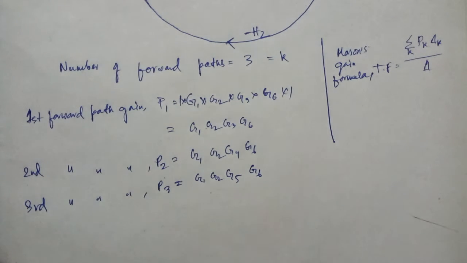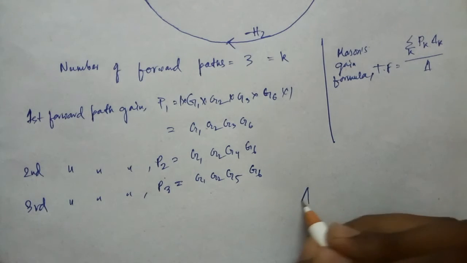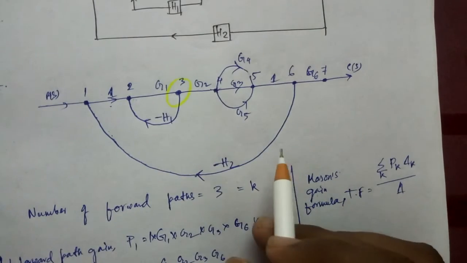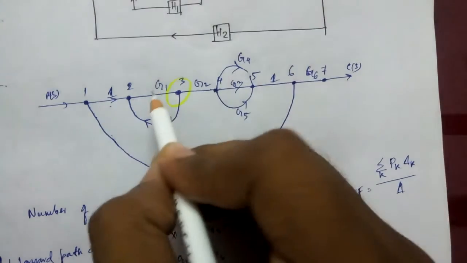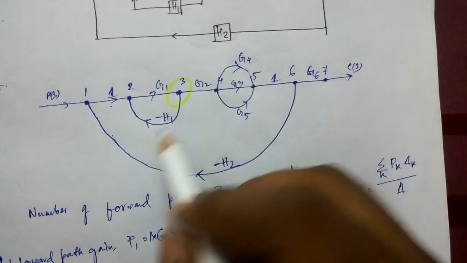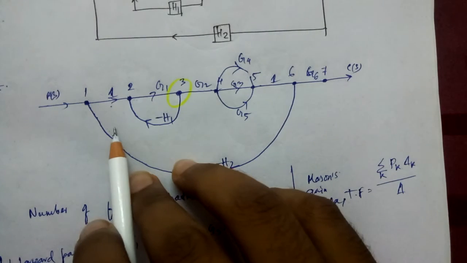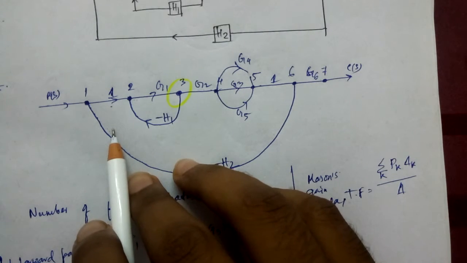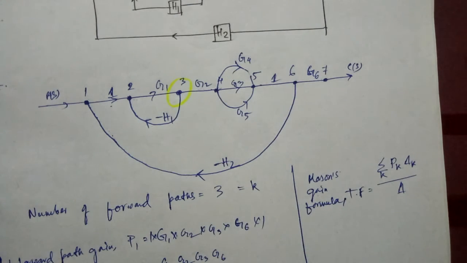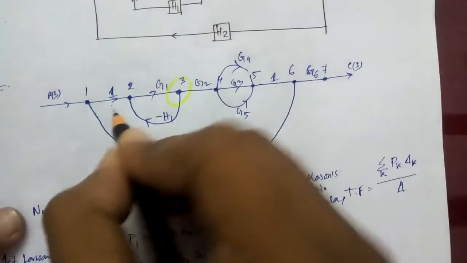Now the most important part: to find the delta value, I have to calculate the loop gains. Here we can see that there are actually 4 loops. This one is one loop, this big one is another loop, so this is loop 2. Now the other 2 loops are very important, you have to notice them.